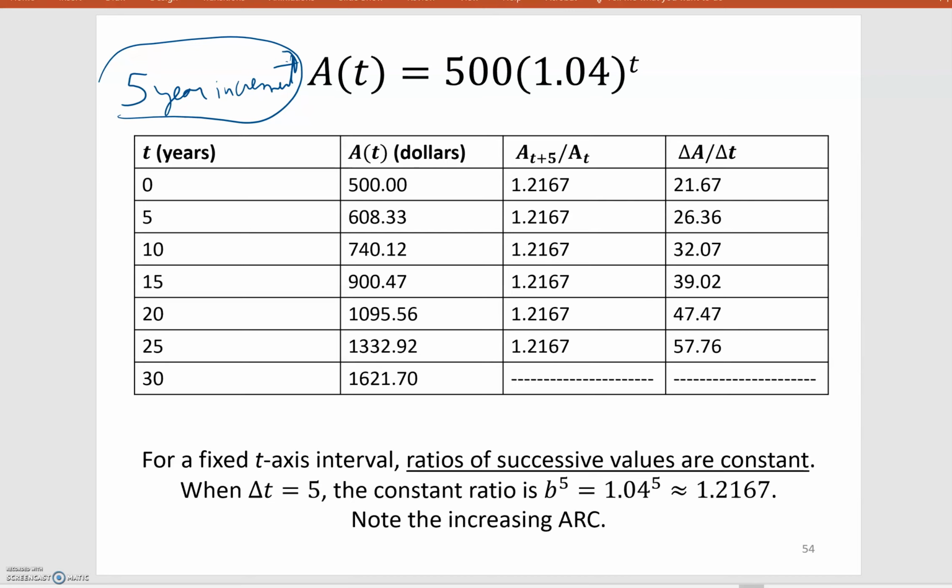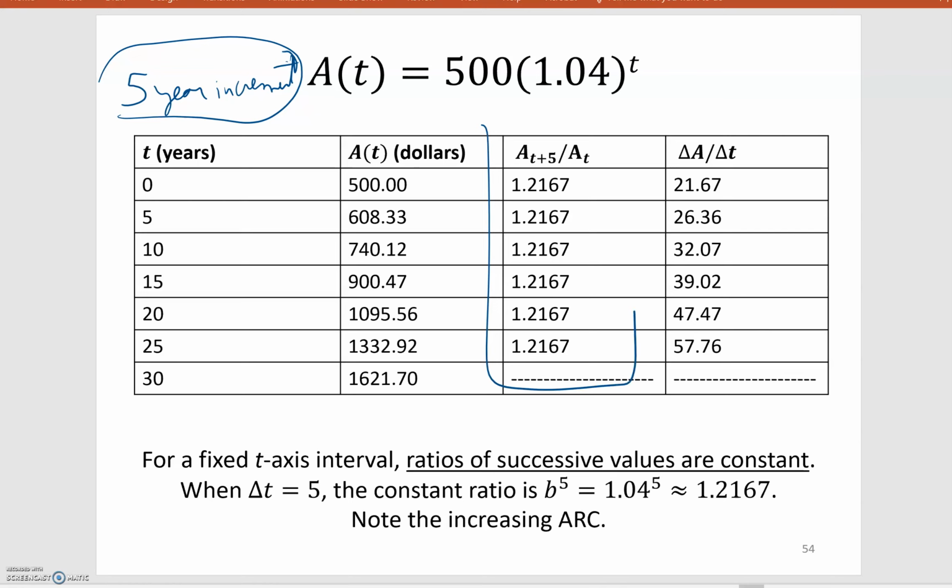And then we did that for each one of these. And notice that they're all the same, but they're not what they were a moment ago, right? So we still have this constant ratio, but it's a new ratio, which makes sense because it's a new leap that we're taking, right? We're leaping forward 5 years rather than 1 year. And the average rates of change are still increasing, non-constant, okay?